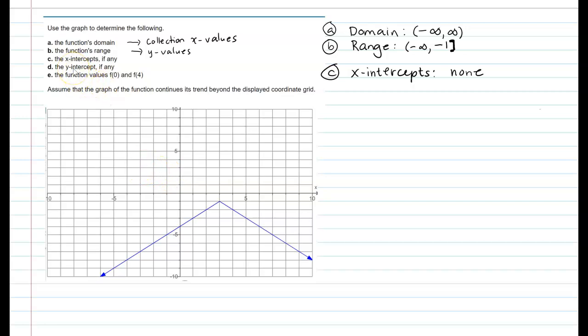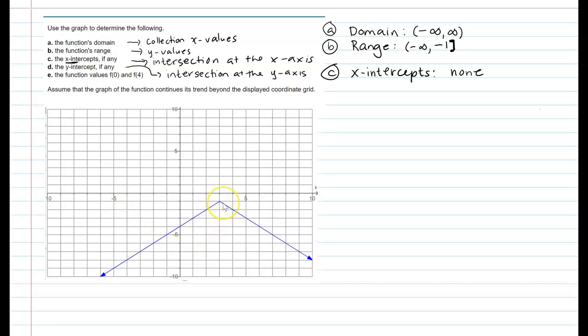Y-intercept means intersection at the y-axis. Again, x-intercept, let's go back to that. X-intercept, intersection of the graph at the x-axis. And then y-intercept means intersection at the y-axis.